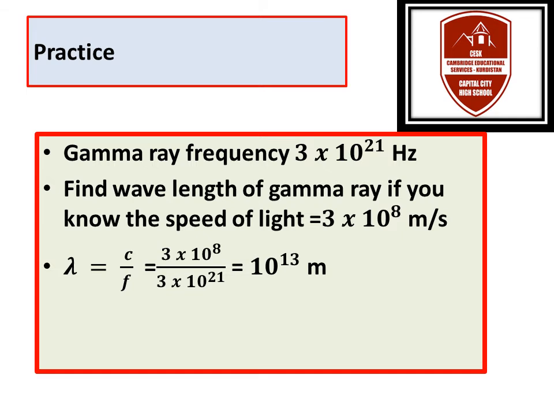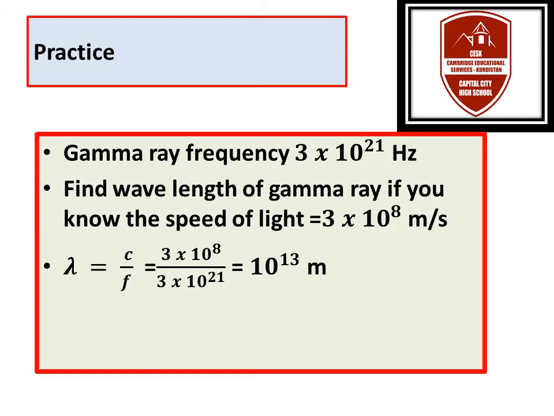Gamma ray frequency, this is the frequency of gamma ray, 3 times 10 to the power 21 hertz. See, the unit of frequency is hertz. Now what's the question? Find the wavelength of gamma ray if you know the speed of light equals 3 times 10 to the power 8 meter per second.